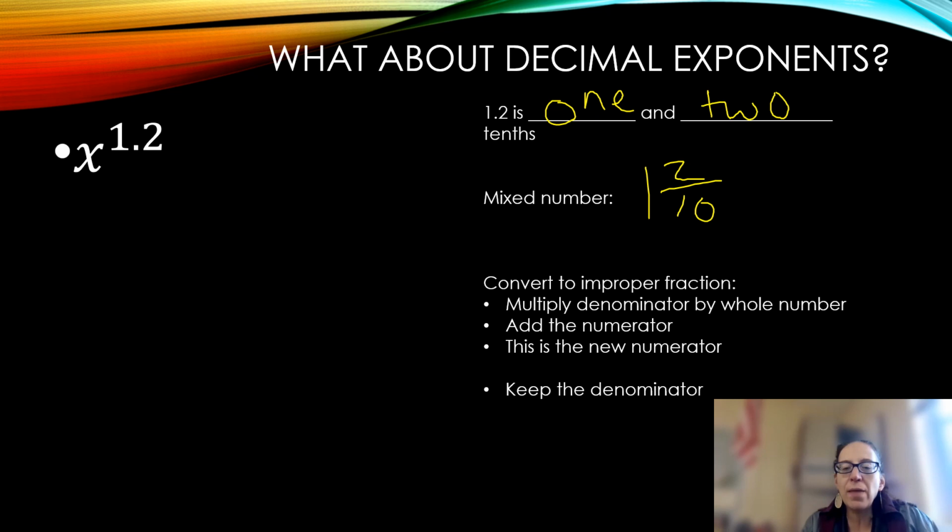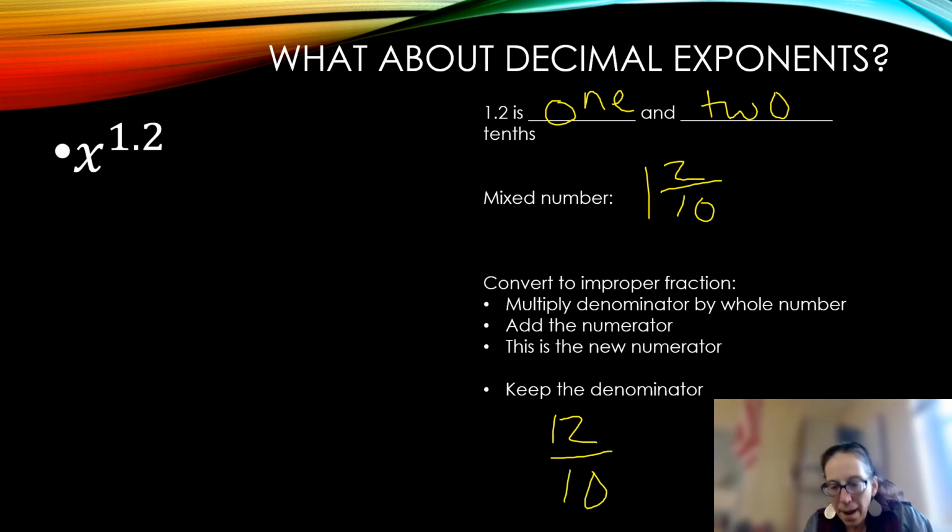So you multiply the denominator by the whole number. In this case, we would do 1 times 10, or 10 times 1. You multiply these two, and then you add the numerator. So 10 times 1 is 10. 10 plus 2 is 12. And that is the new numerator. And then you keep the denominator.